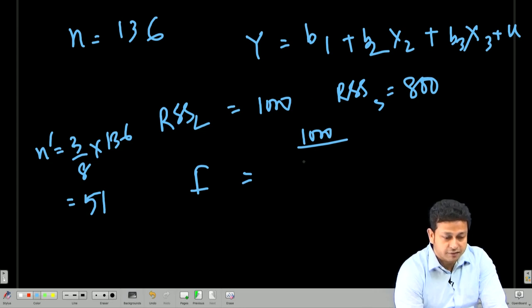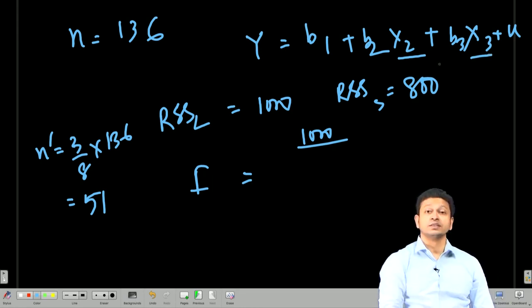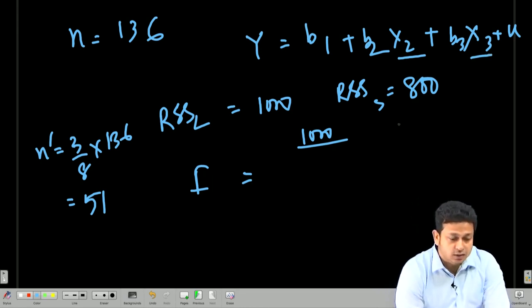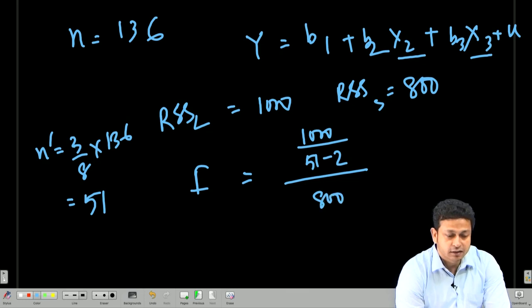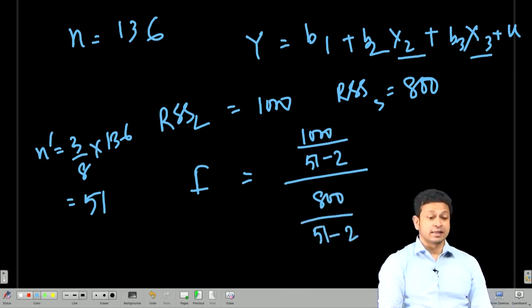So I have 51, and my k, the number of explanatory variables, is equal to 2. So I have 51 minus 2, and here also I have 800 by 51 minus 2. We know that the degrees of freedom are the same.